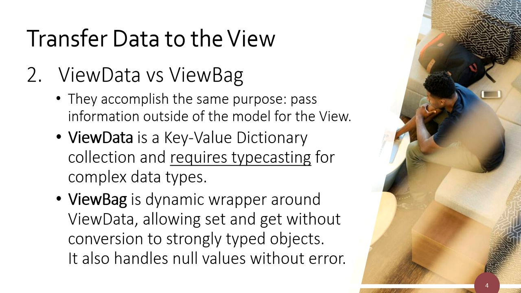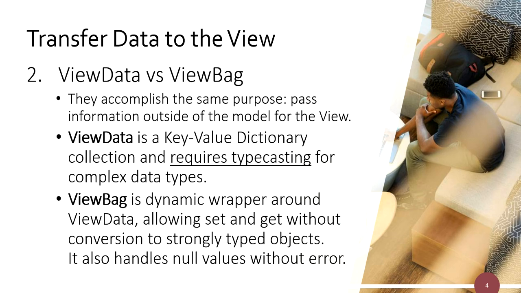Another big difference to be aware of: with view data, this key value dictionary, you can never have a null, whereas view bag can actually have null. So if you're going to store something in this mechanism to transfer data, and there's a chance that what you're going to put in there comes back as null, then definitely you have to use view bag right from the beginning, right inside of your controller.